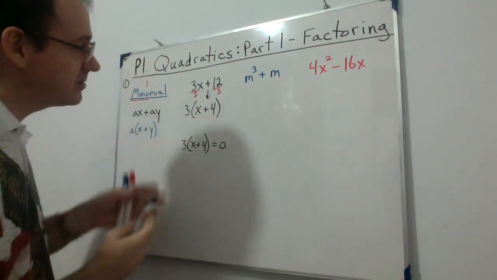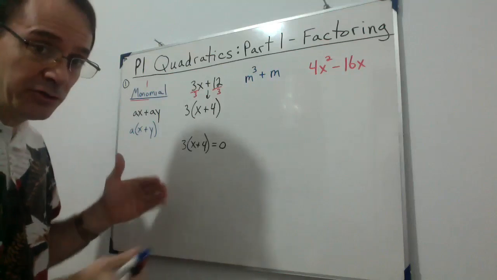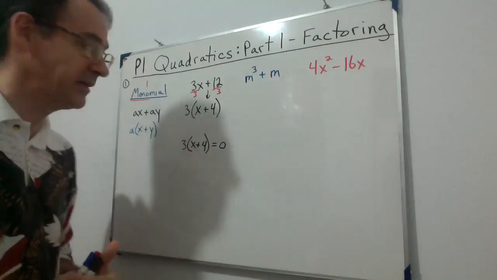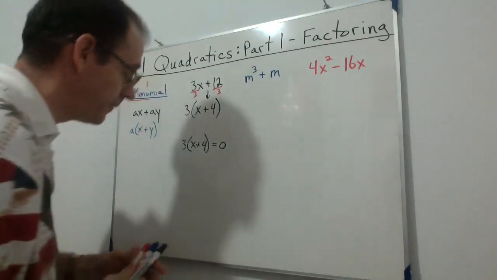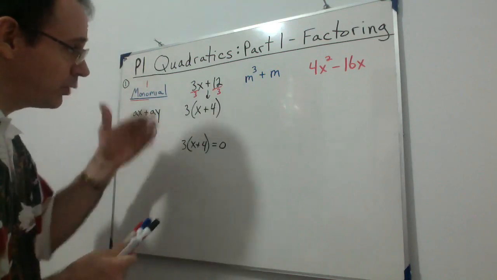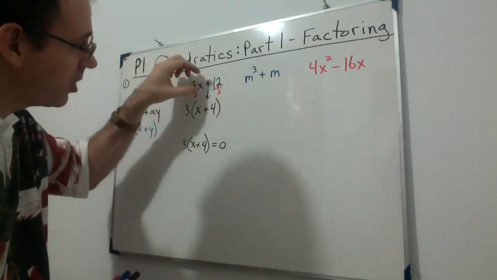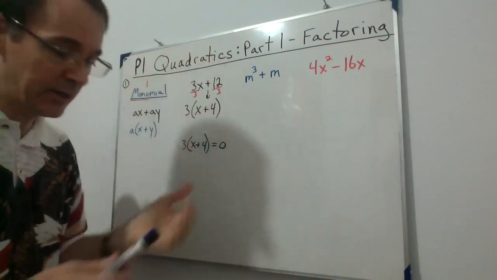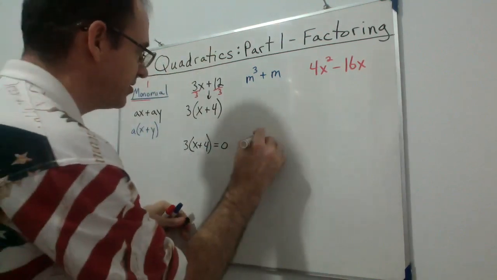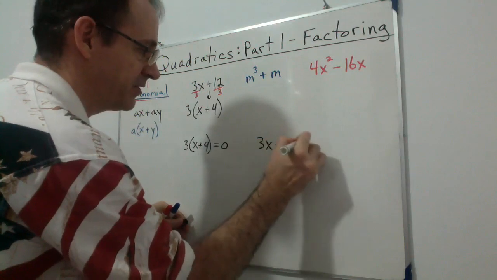When you factor something, or if you use factoring in a solving situation, which you wouldn't necessarily have to, you could solve 3x plus 12 equals 0. In fact, I'll just put it over here just so that you see that it comes out to be the same thing.